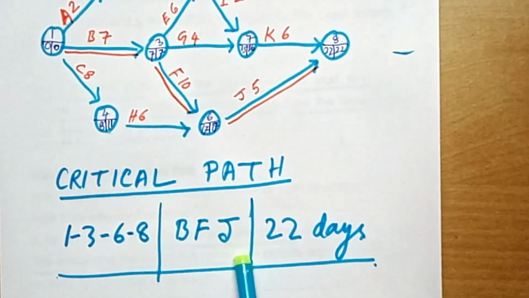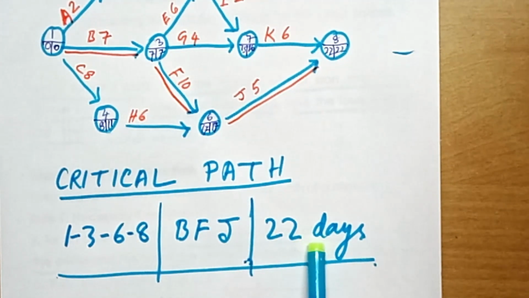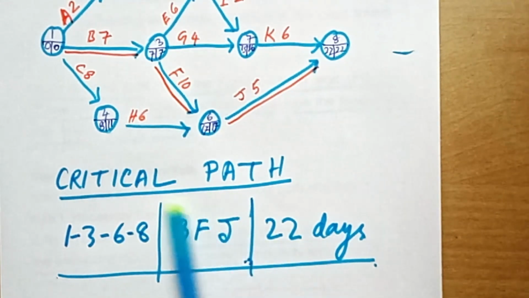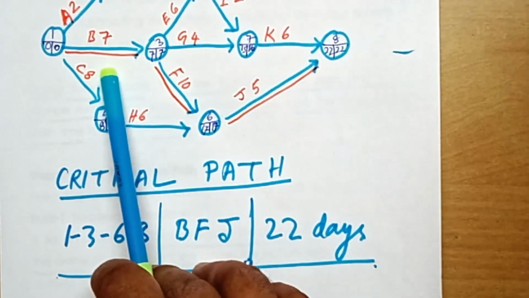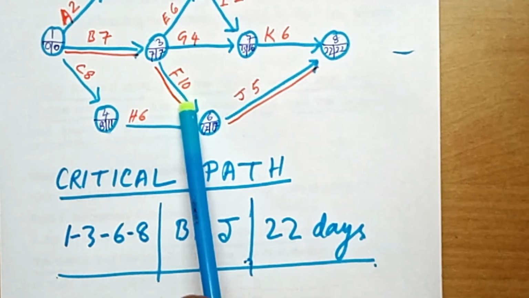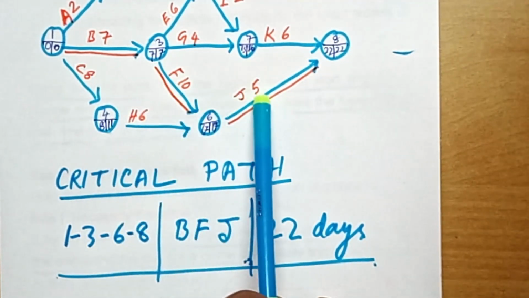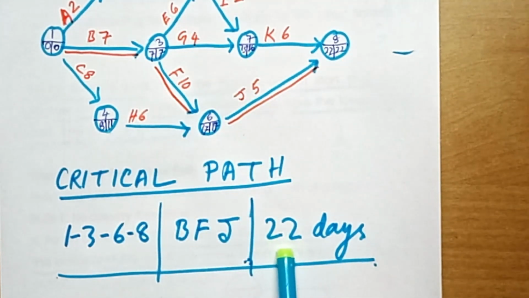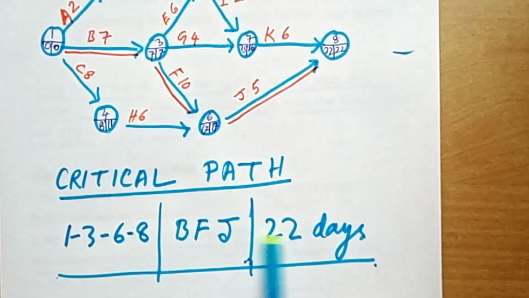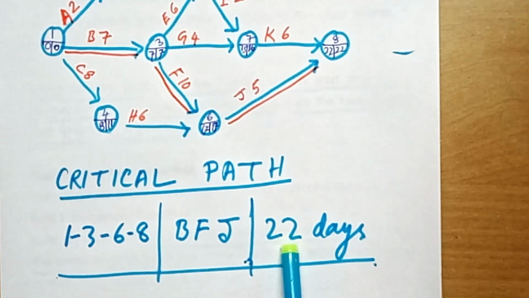Then this critical path has a total duration of 22 days. How does it come? Activity B has 7 days duration, activity F has 10 days, activity J has 5 days. Total 7 plus 10 plus 5, 22 days. So 22 days is the duration of this critical path, and obviously this is the duration of the project.